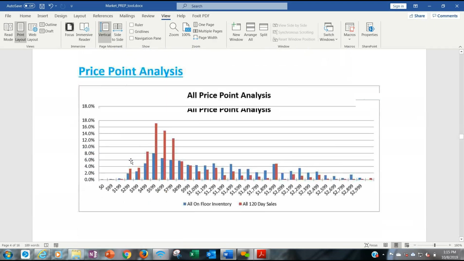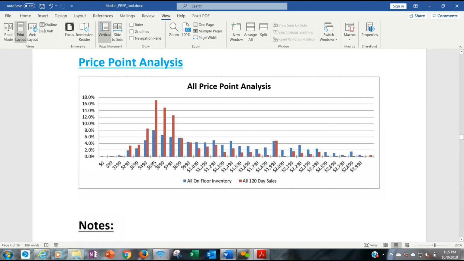And then we get into price points. So again, this is just looking at the upholstery category. And the point with this is really, as you look at your own data, the blue bar represents how you have your showroom merchandised based on price points. So one is you want to see, is there any gaps in price points?